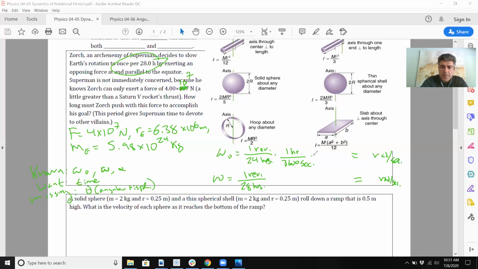And also remember that 1 revolution is 2 pi radians. So we'll be able to get that angular velocity in just a little bit. And same thing here, 1 hour, 3,600 seconds, 2 pi radians in 1 revolution.